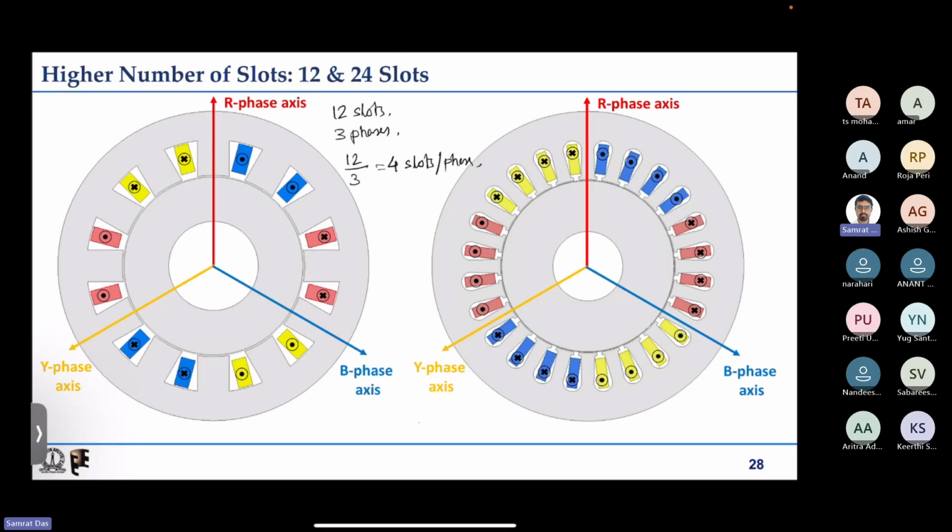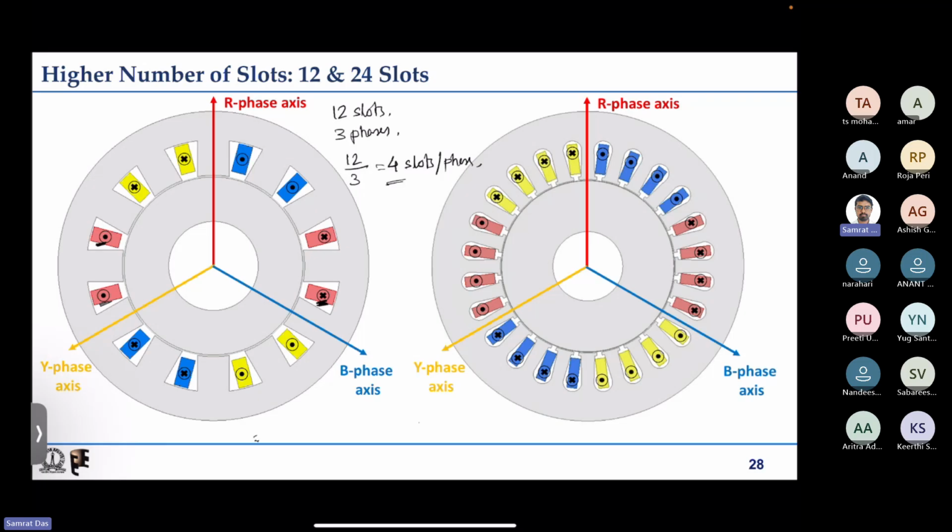If we have 4 slots, 2 slots will carry dot, 2 slots will carry cross, and they will be 180 degrees, that is diametrically opposite, to each other. So this is how the construction is for the 12 slot case: we assign one cross, then diametrically opposite we put the dot, again we put cross, and diametrically opposite we put dot.